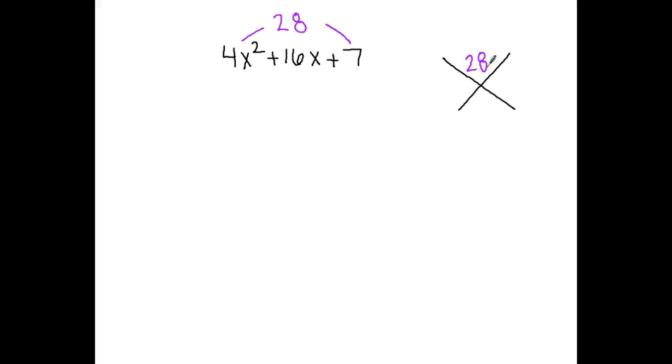So I need factors of 28 that add up to 16. So factors of 28, what do you think? Yep. So once again, we're going to replace the 16 by 14 and 2.